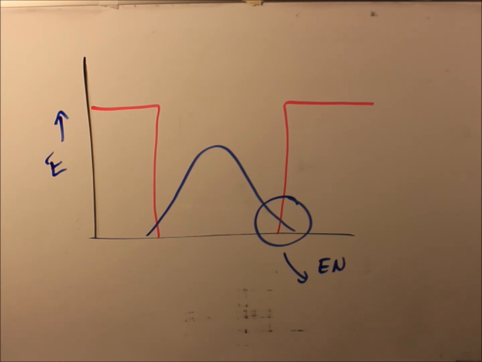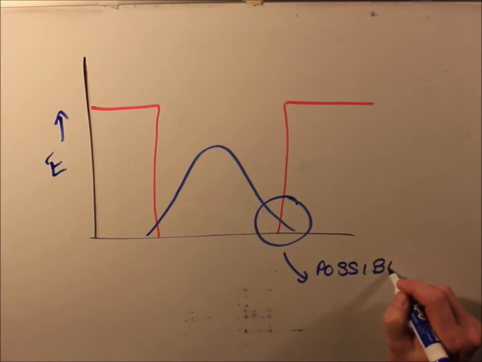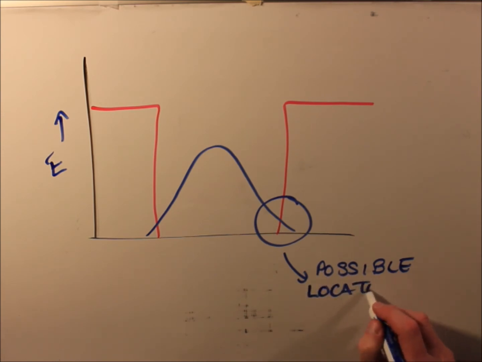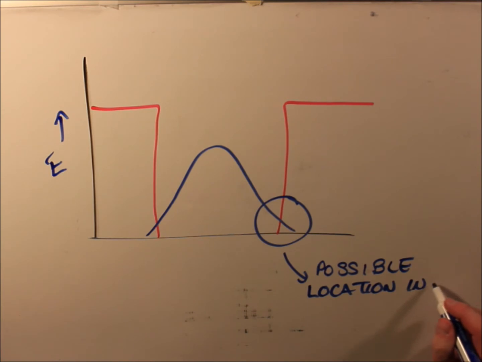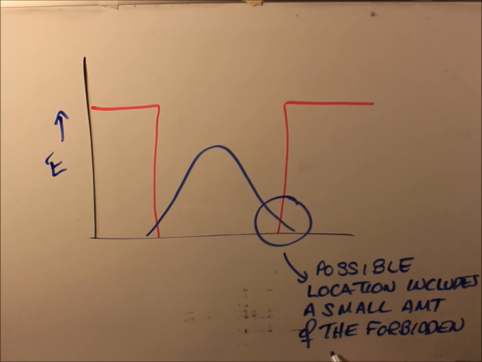Let's say the possible locations include a small amount of the forbidden barrier.